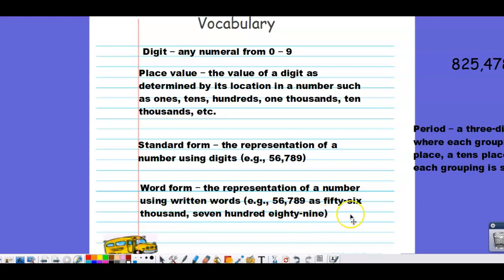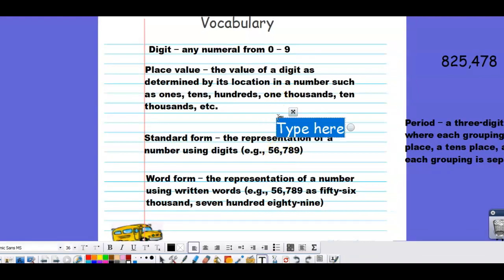When you write it in word form, you would write it as fifty-six thousand, seven hundred eighty-nine. One misconception and one issue that most of our students are having is that they have a tendency to say "and" inside a number. Well, whenever you say "and" inside a number, that actually means you put a decimal. So what I mean by that is, when I say fifty-six thousand, seven hundred eighty-nine, that is actually the number I should have written.